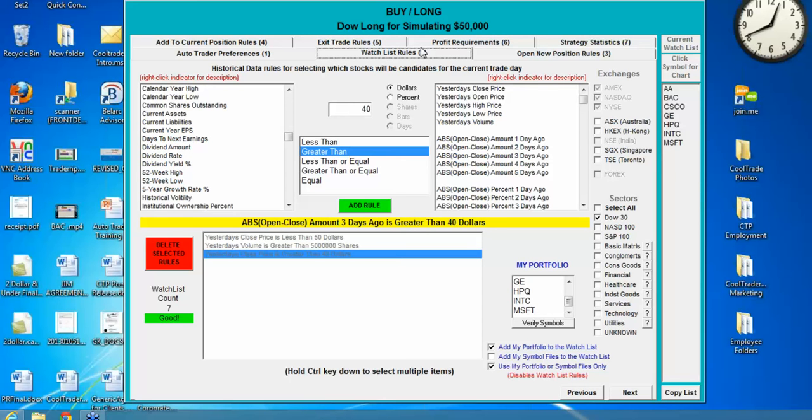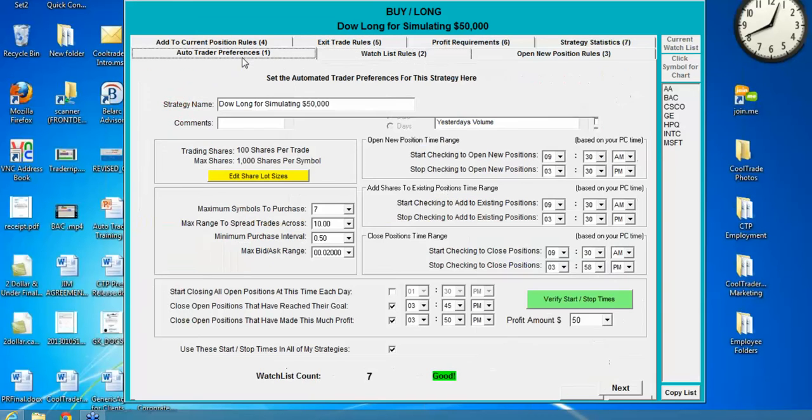The strategy support department is going to be able to talk to you about some of the strategies for simulating for educational purposes, and help you decide what's the best strategy to start with. And if you have questions about tweaking a strategy, making changes to a strategy, or building a strategy, you can always call the strategy support department. So we try to make it as easy on you as we can.